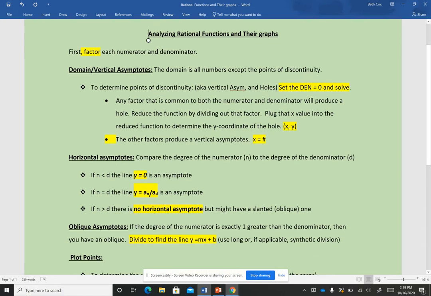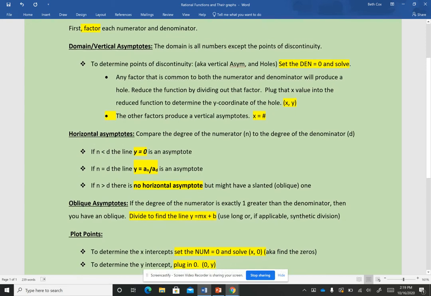Okay. So first thing we want to make sure that we do is go through these little checklists and go through each one of these. So we're going to factor out each numerator and denominator first. Then we're going to look for our vertical asymptotes. Then we're going to look for our horizontal asymptotes. Again, both of these should be pretty easy to do.